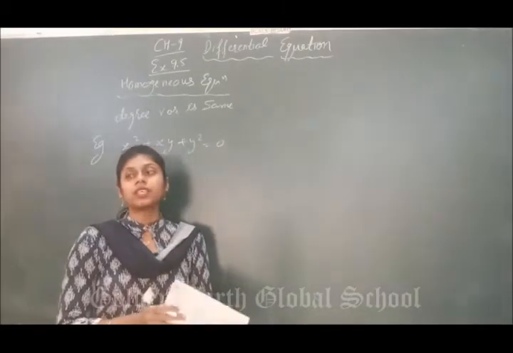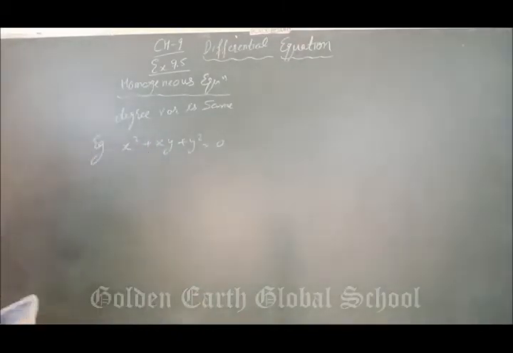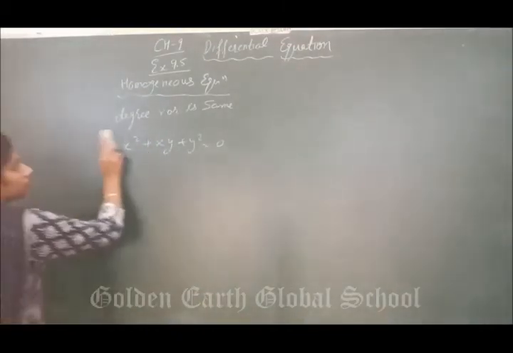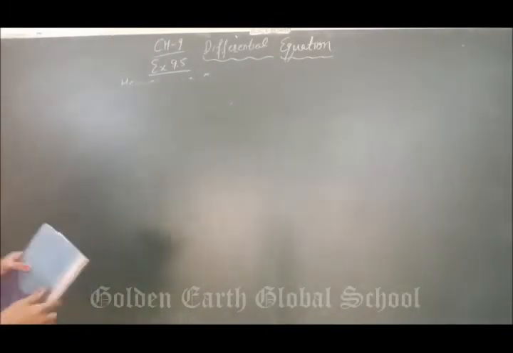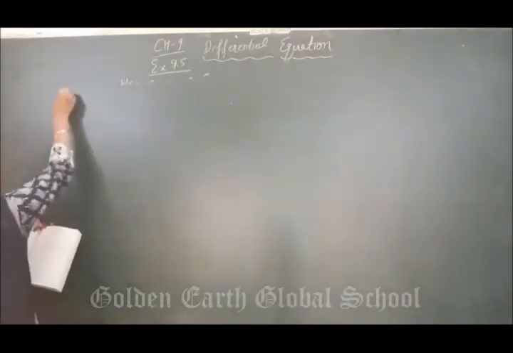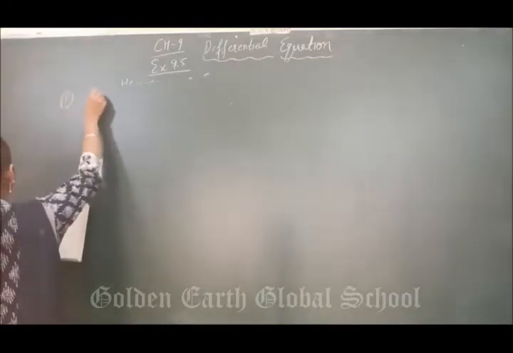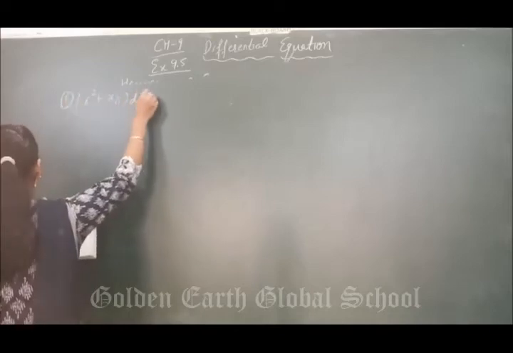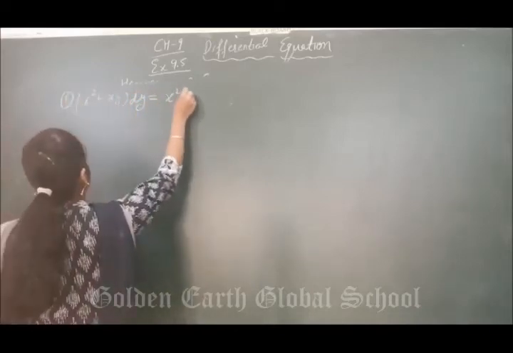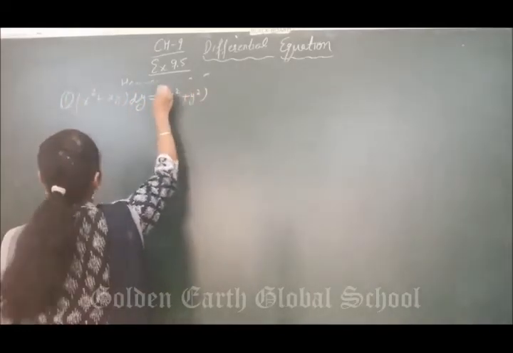So we will discuss the first question: x square plus xy into dy equals x square plus y square into dx.